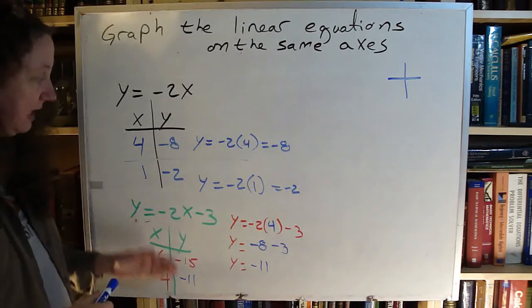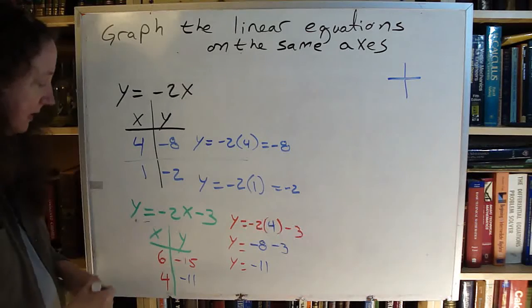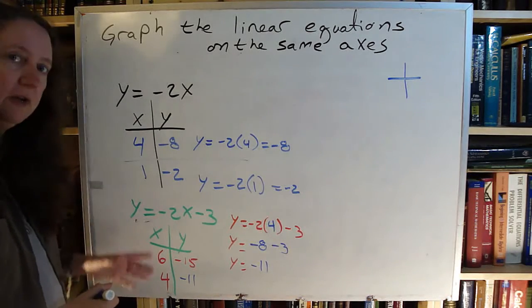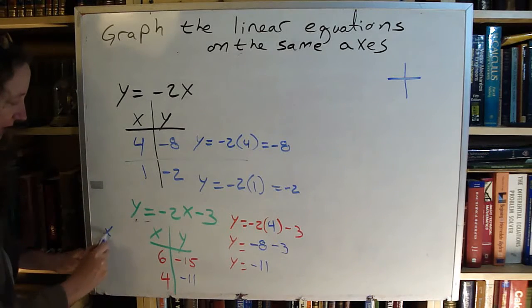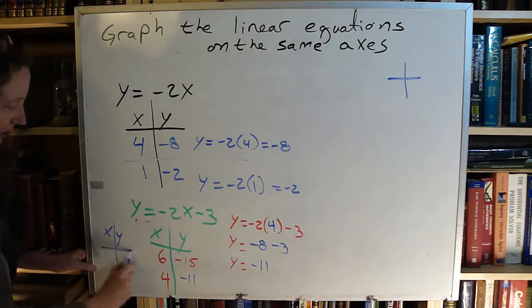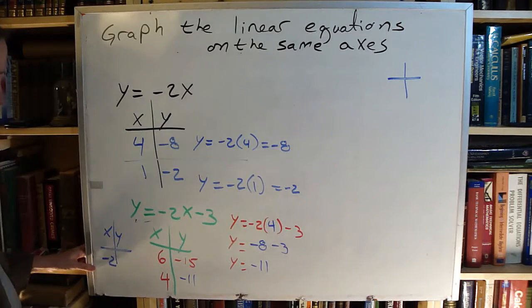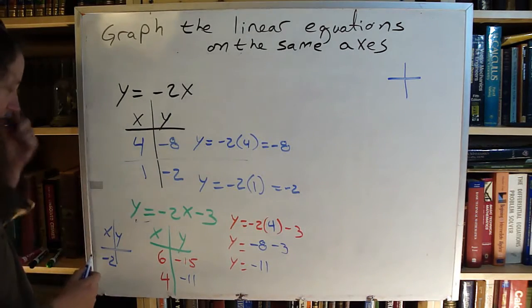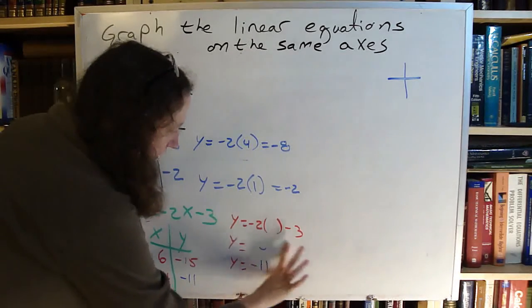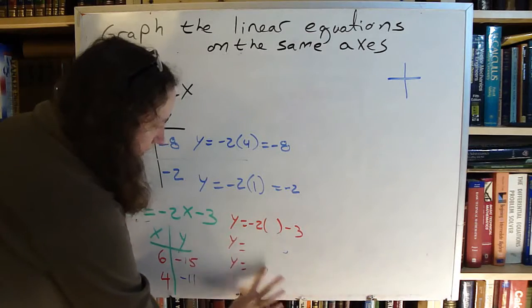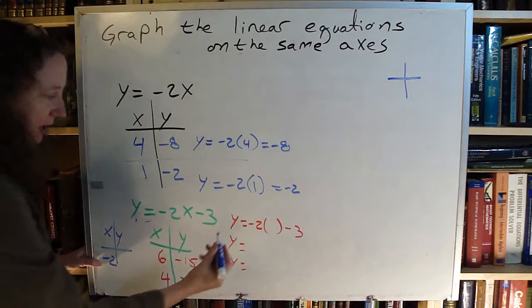Still a pretty big negative number. I want one more number. Instead of choosing these positive numbers, I'm going to choose a negative number though. So let's do this as x and y, and I'm going to choose negative 2. So I need to make some space. Replace x with negative 2.